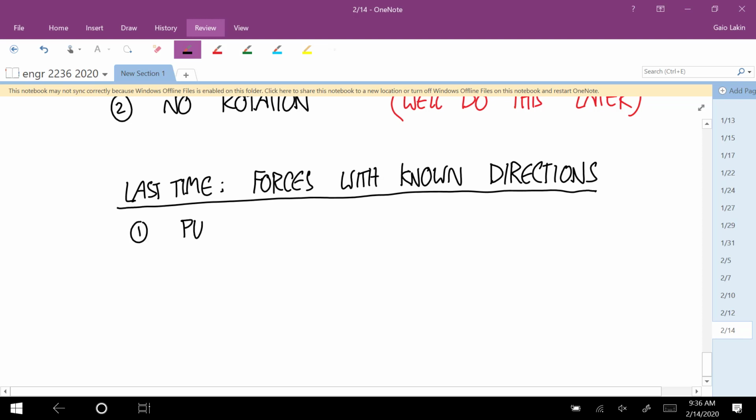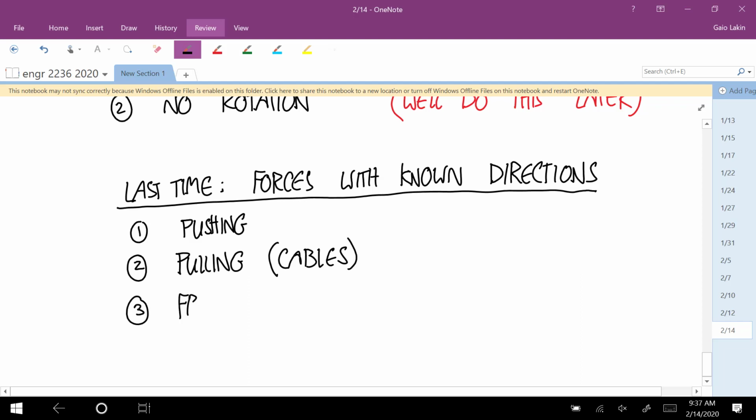Those were pushing forces, pulling forces that you can think of as always involving cables, and the third one is friction forces. We've done these 2, so I just need to talk about friction.